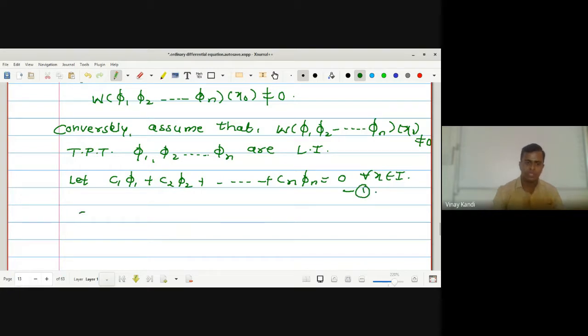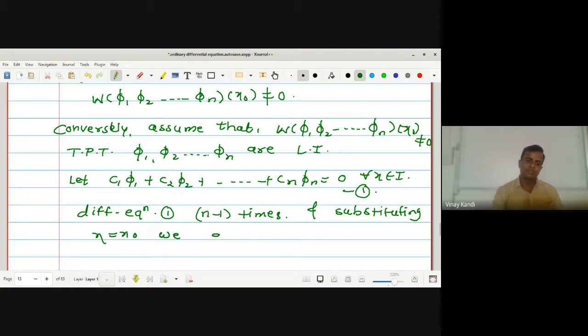Now differentiate equation one n minus one times, and substituting x is equal to x naught, we get the system of equations as follows.